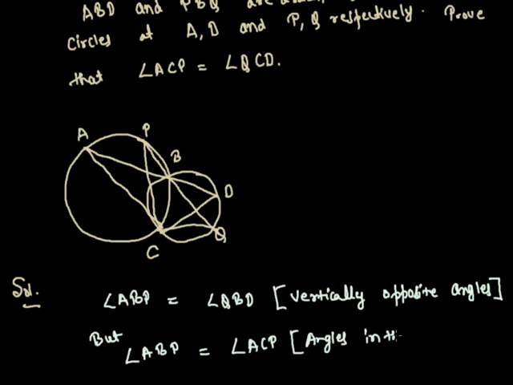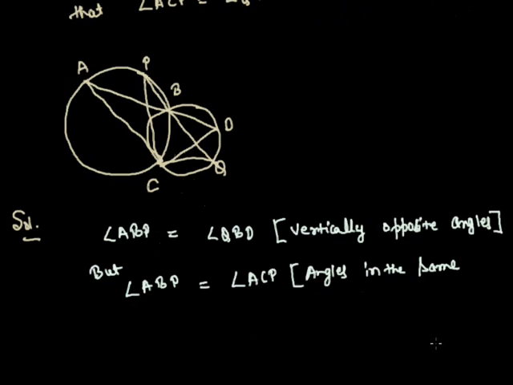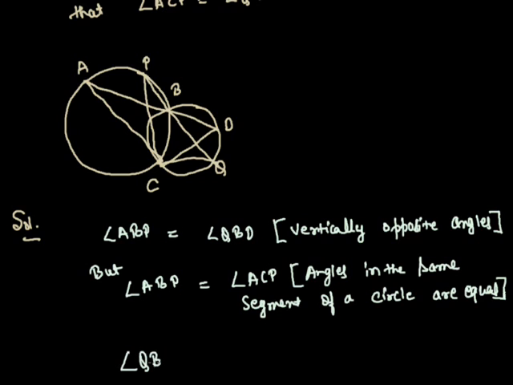So angle ABP is equal to angle ACP. Similarly, angle QBD is equal to angle QCD.